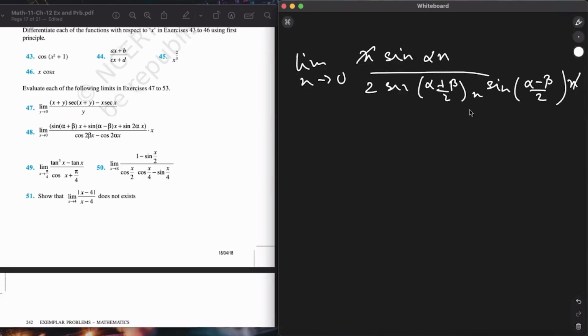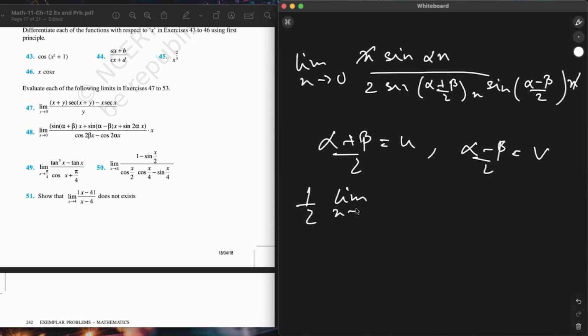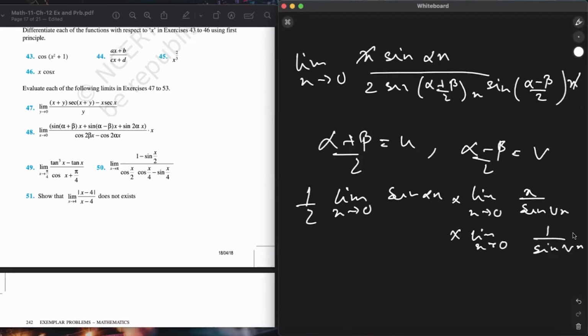If I take alpha plus beta by 2 as some u and alpha minus beta by 2 as some v, then I can write this whole thing as half of limit x tending to 0 sine alpha x, multiplied with limit x tends to 0 x by sine ux, multiplied with limit x tending to 0 1 upon sine vx.